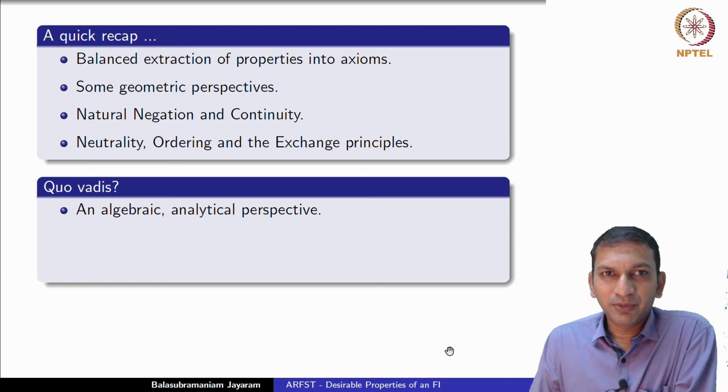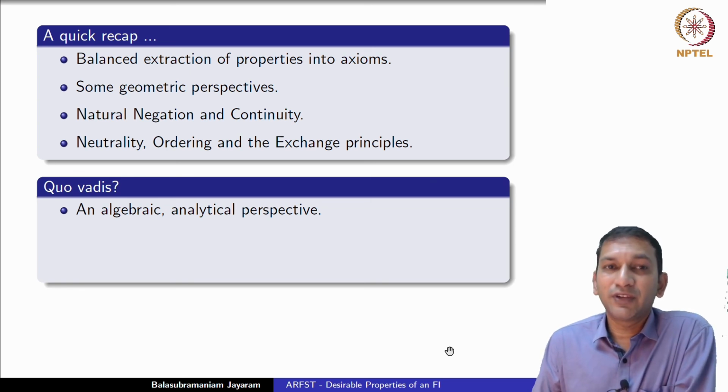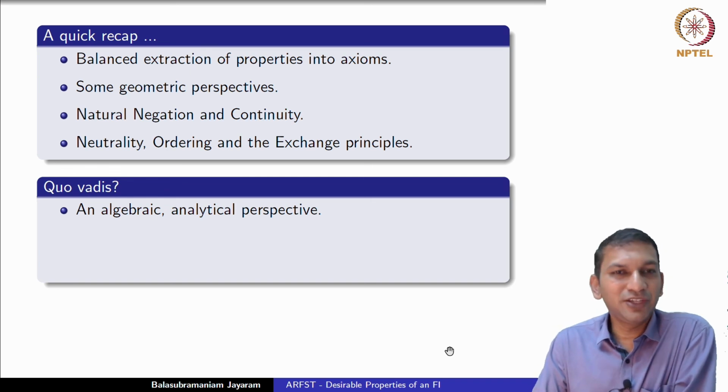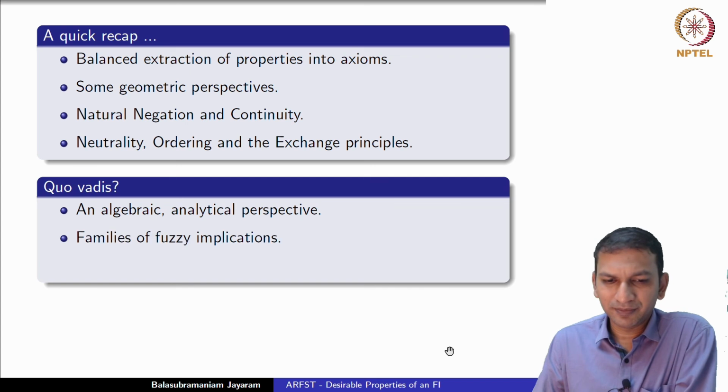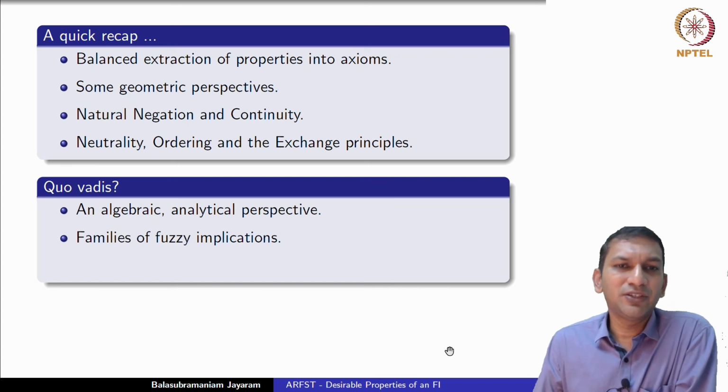Finally, where do we go from here? In the next few lectures on fuzzy implications in this week, we will look at some algebraic perspectives in terms of relationships that fuzzy implications enjoy with negation and triangular norms, which are other important fuzzy logic connectives. We will see some families of fuzzy implications, the way we construct them.